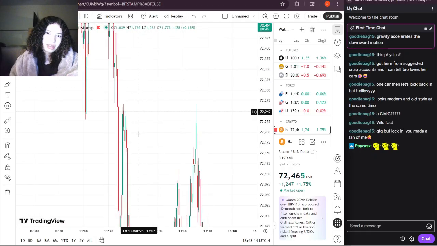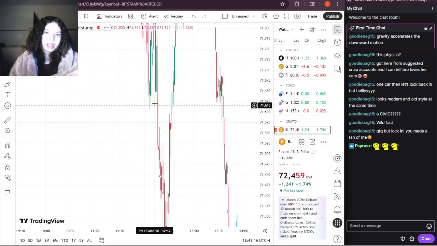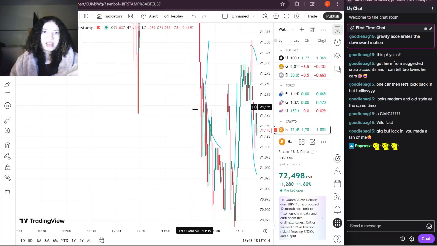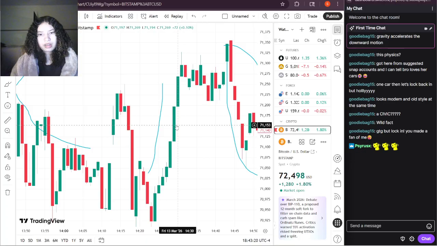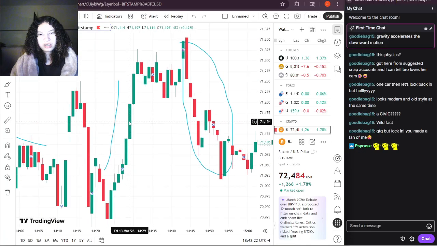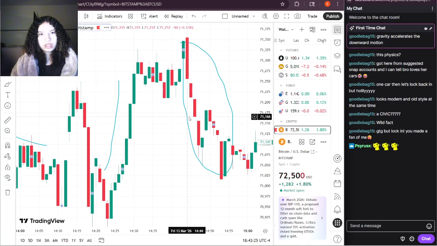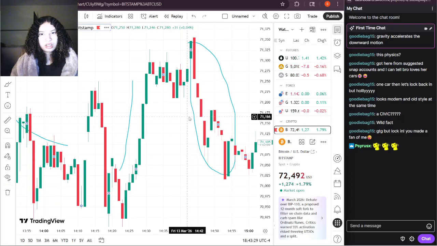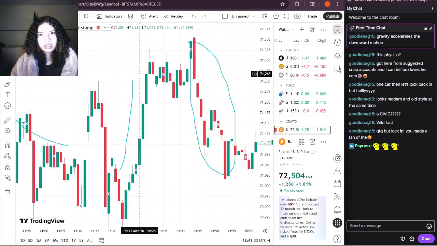Down and down and down and down. And then that means we're probably stuck in consolidation. How high did this get? It was above 250, but slightly.